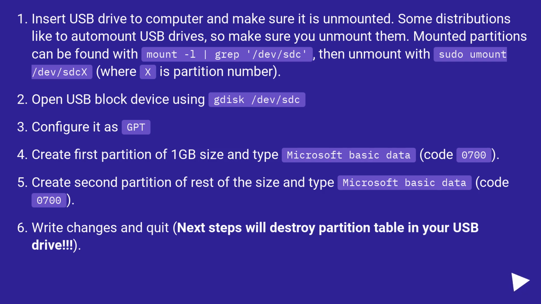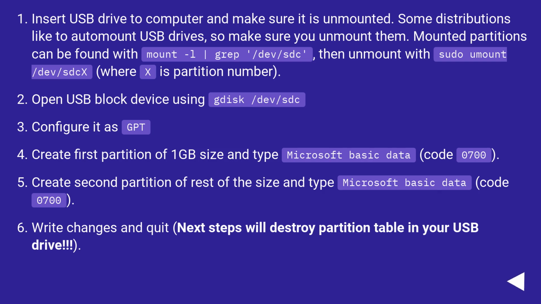Open the USB block device using gdisk /dev/sdc. Configure it as GPT. Create the first partition of 1 GB size and type Microsoft Basic Data, code 0700. Create the second partition of the rest of the size and type Microsoft Basic Data, code 0700. Write changes and quit.